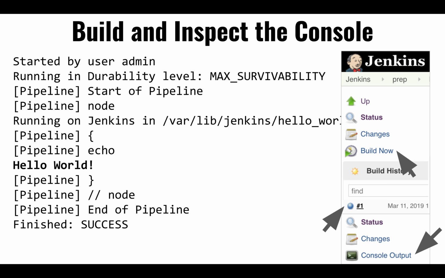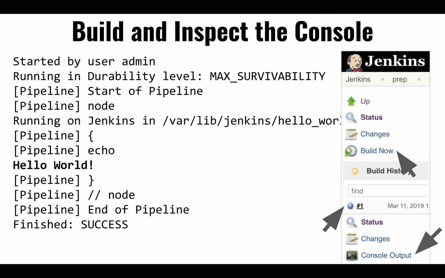Once you've entered that and you say save, the menu on the left-hand side changes, and you can run the build right now. You can say build now, and when it builds, you can see the console as it's running. It's capturing the console inside the web application, it logs everything, and you will see the hello world echoed and displayed on the console. It also keeps track of a history of every time this particular pipeline has been built, with a number.